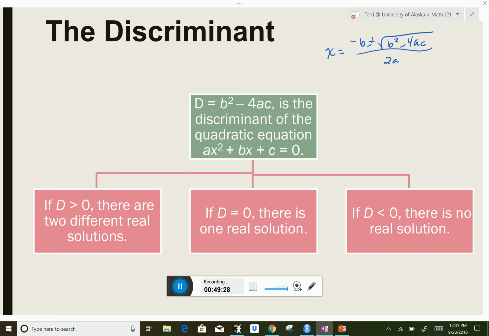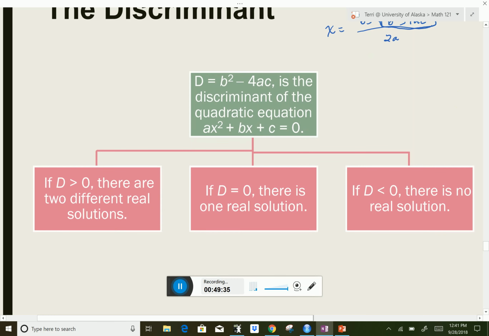And you'll notice that basically the discriminant, d, is the part under the square root sign. So if d is positive, there are two different real solutions. That makes sense, because if I have a positive number under here, then I'm plus or minus a d, which is positive, so that means I have something plus it and something minus it, so that makes sense.